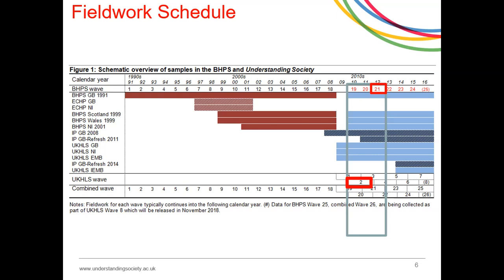And we collected biomarker data from the BHPS sample 3 of Understanding Society. So we had 20 waves of data before we did that biomarker collection. So there's lots of possibilities here in terms of doing analysis looking at biomarkers with the dataset.